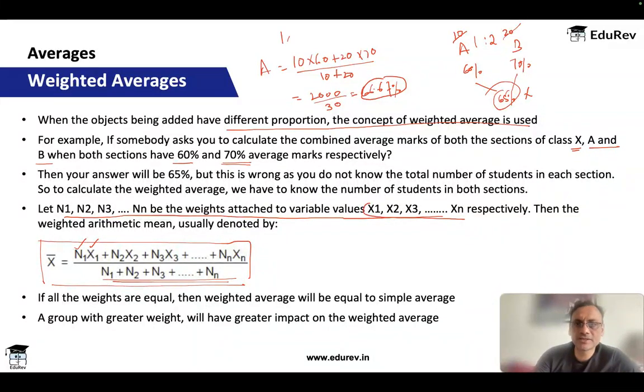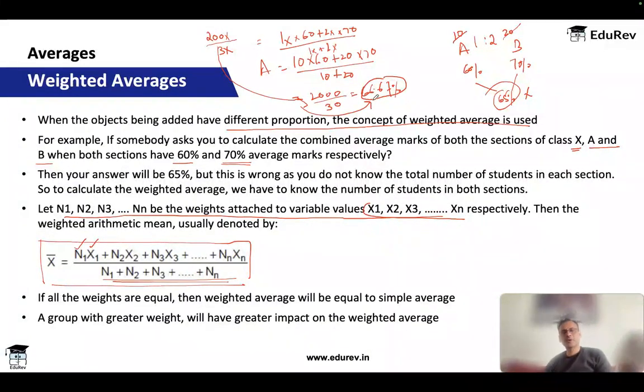So it will be 1x into 60 plus 2x into 70 upon 1x plus 2x. So that will give you 60x plus 140x, 200x upon 3x, which is same as 200 by 3, which is same as 66.67%. Okay, so that's how you get your weighted average.